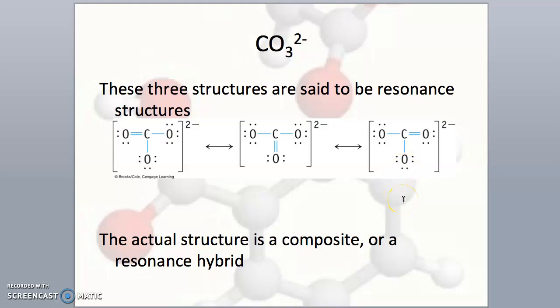So this is nice. It's a little cumbersome, but what's really important that you realize is that this does not really exist with a double bond and 2 single bonds. Remember we said that the single bond is a longer bond than a double bond? Well, when we measure the bond lengths for this ion, they're all the same length.